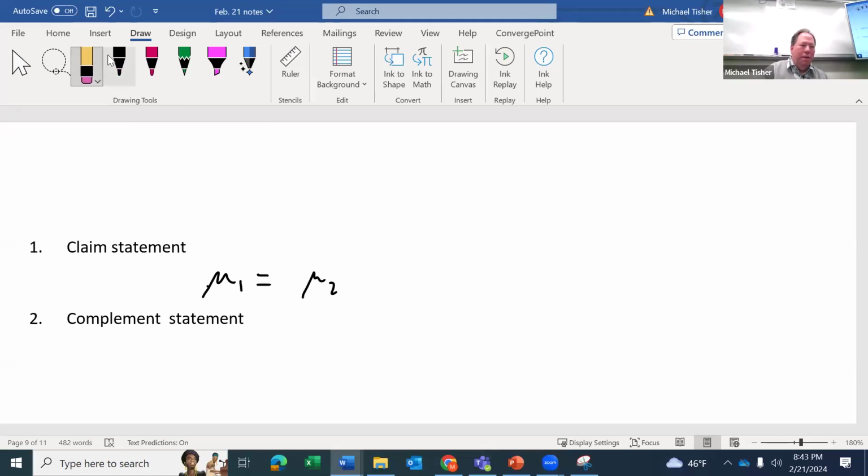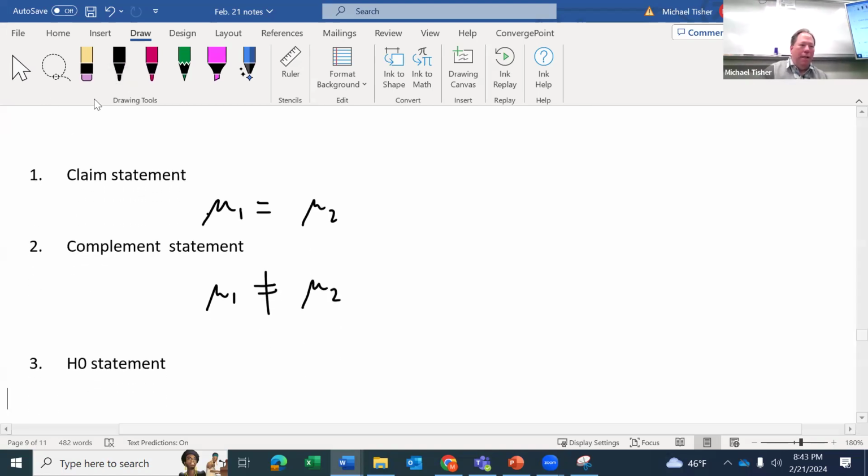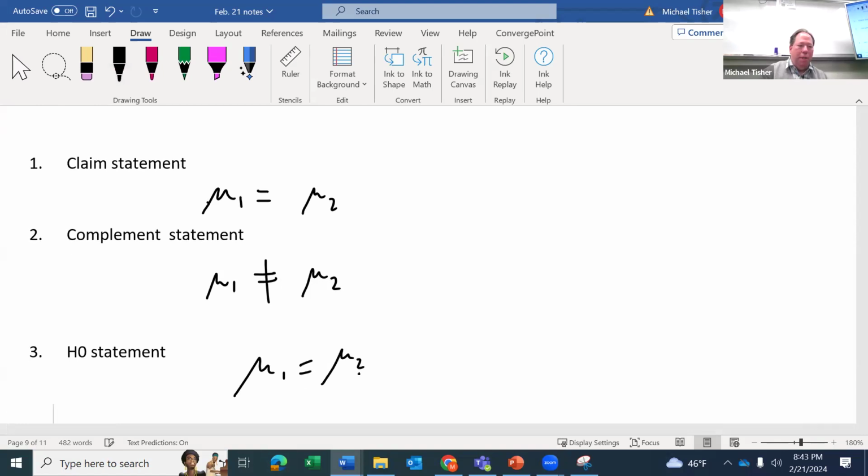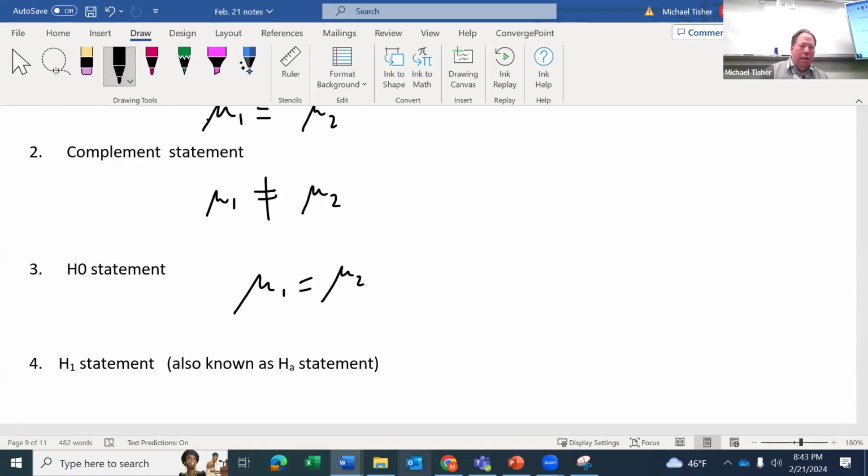So the complement, what do you think that would be? Not equal to, yes. mu1 not equal to mu2. Then H0: mu1 equals mu2. And so HA must be what? mu1 not equal to mu2. Any questions?